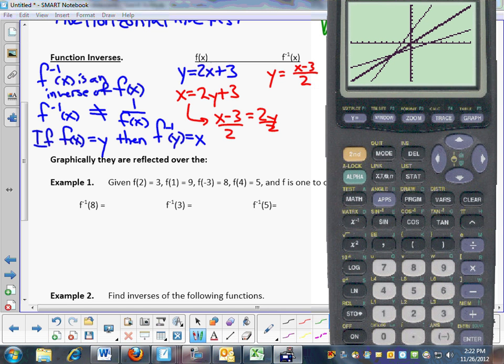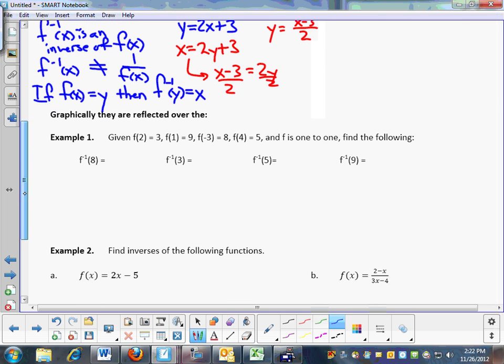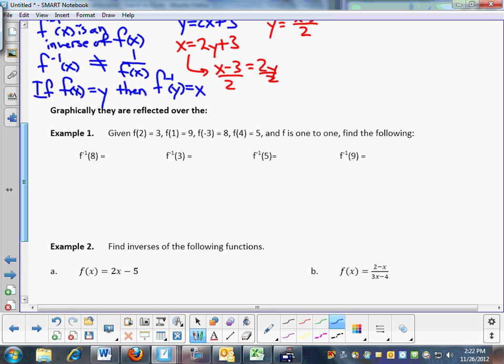Look at that. The one line is reflected over that line y equals x. See that? It goes right down the middle. If you were to take the function and flip it over the line y equals x, you would get the other function. So that's another piece about inverses. Graphically, inverses are reflected over the line y equals x.